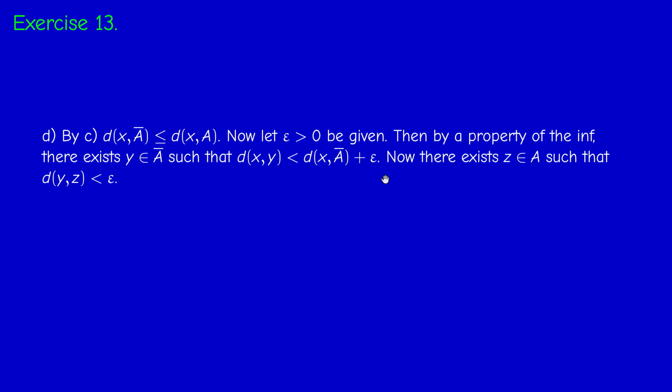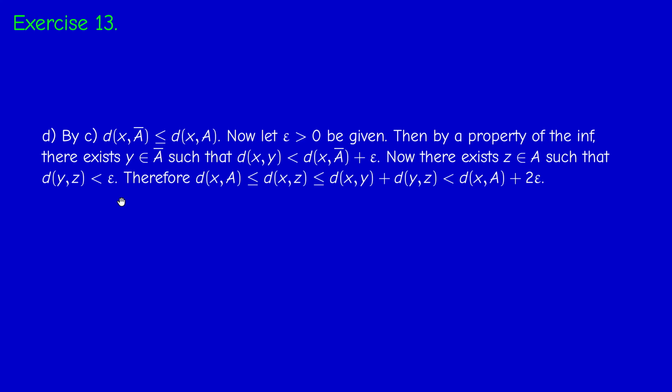Now, since y is in A bar, by proposition 1.8 again, the ball of center y and radius epsilon meets A at some point z. So the distance from y to z is less than epsilon. And now I just use the triangle inequality. So d(x,A) is less or equal than d(x,z) because z is in A. So this is a lower bound, and this is an element in the set. Now use the triangle inequality: d(x,z) is less or equal than d(x,y) plus d(y,z).